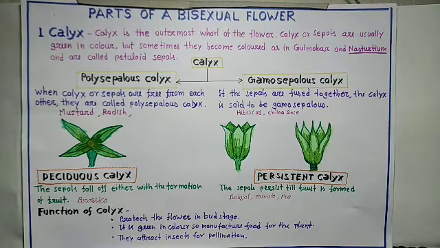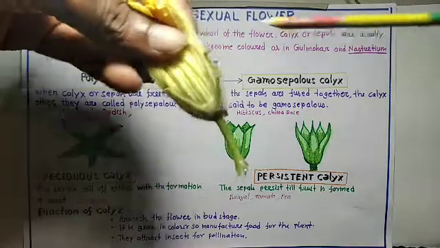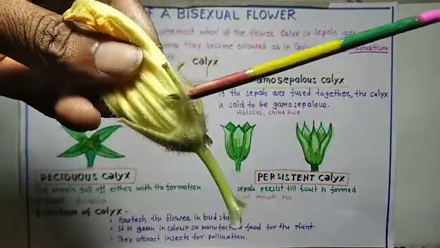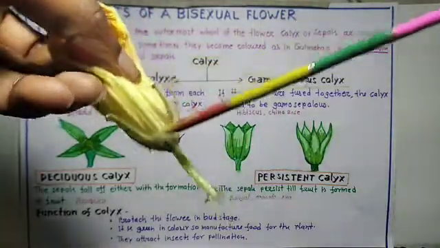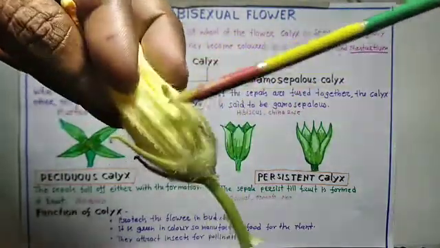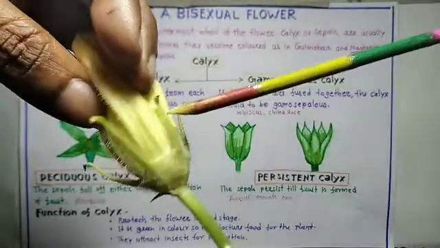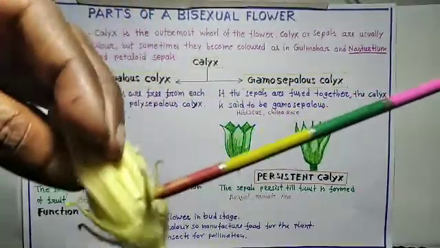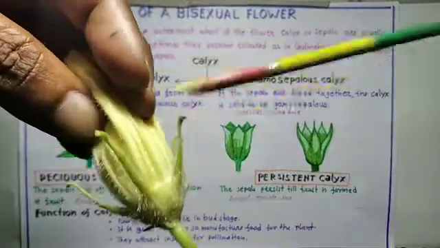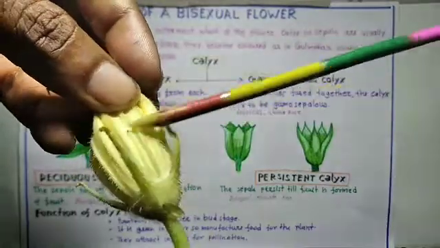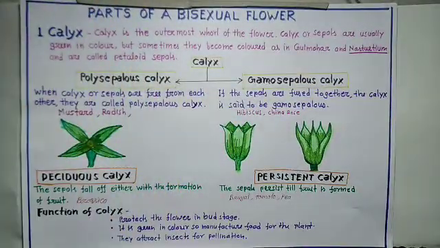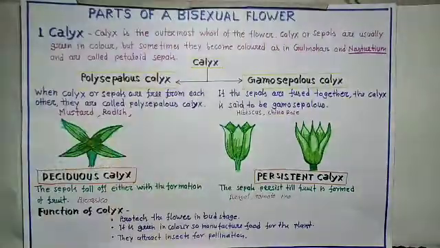Yes, you can see an example here. One sepal, two sepals, three sepals. These are all free from each other. So this calyx is polysepalous calyx.